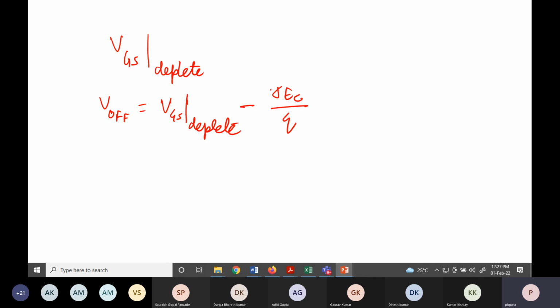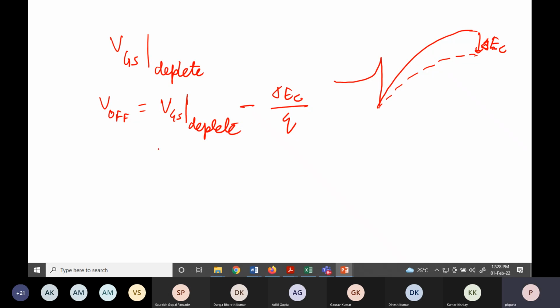So the concept is, this is when we are not applying any voltage. And when we are applying a voltage and pushing the band bending back to delta EC, so that it is aligned to the homojunction, at that time we call it V off.